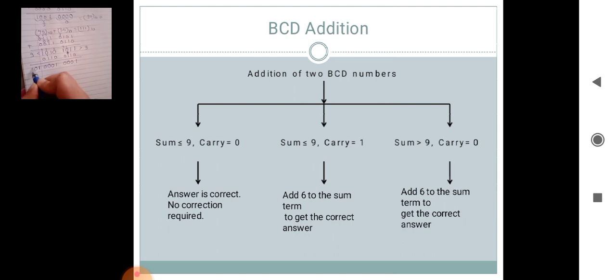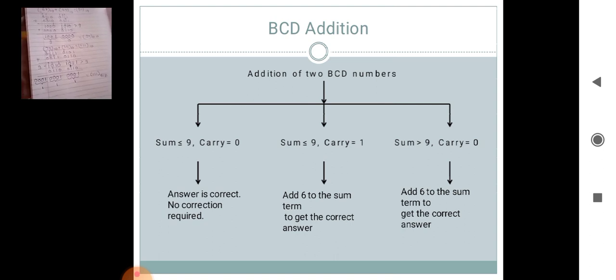Now you can add 3 zeros here to make it 4-bit binary. So this is decimal 1, this is decimal 1, this is decimal 1. So we'll get 111 in BCD. That means our answer is correct.